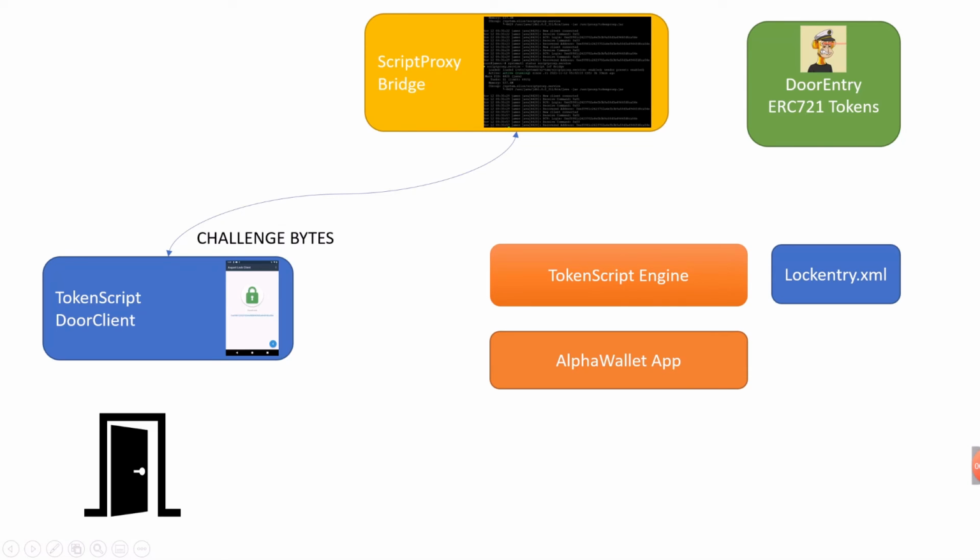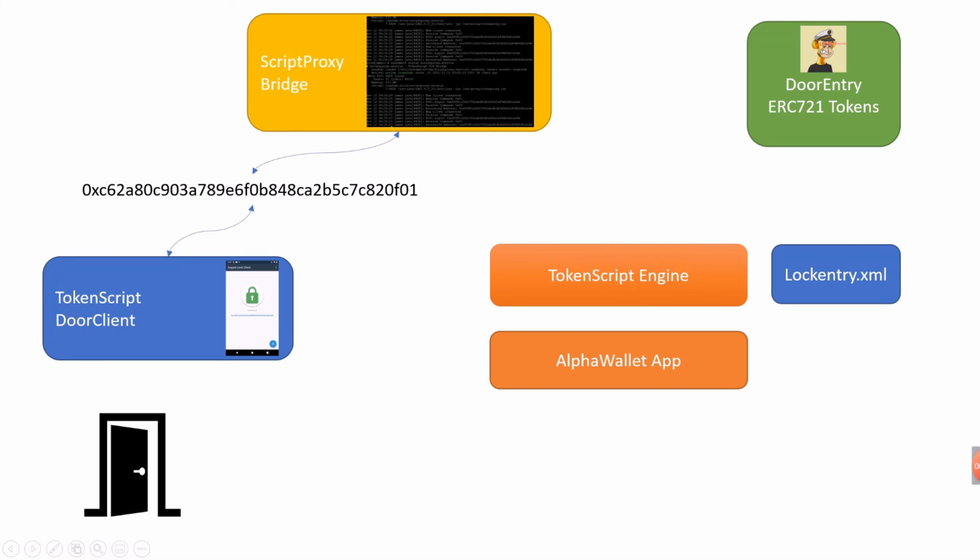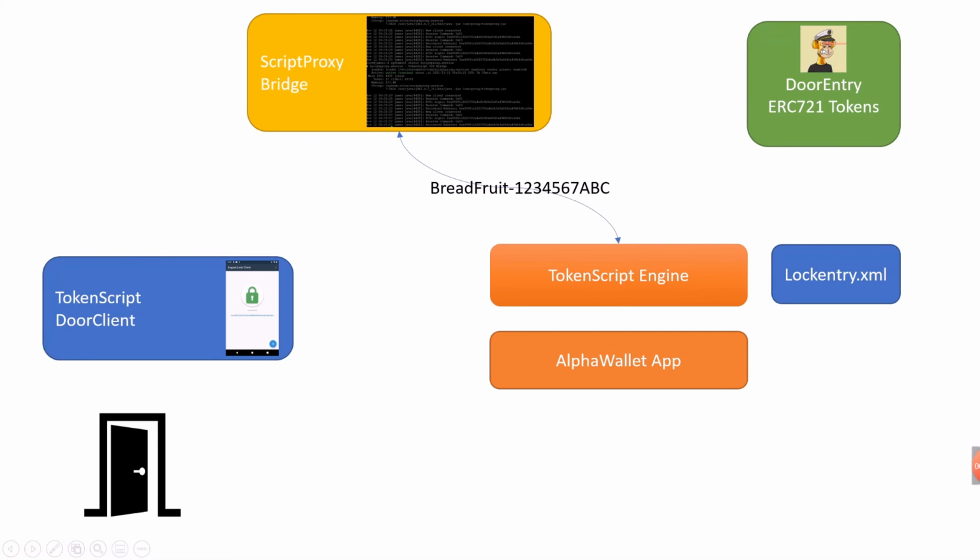The client will sign those challenge bytes and return the signature back to the proxy bridge. The proxy bridge EC recovers the TokenScript door client address and then creates a mapping of the TokenScript door client as a TCP client against its Ethereum address. So now we've got the client connected to the bridge.